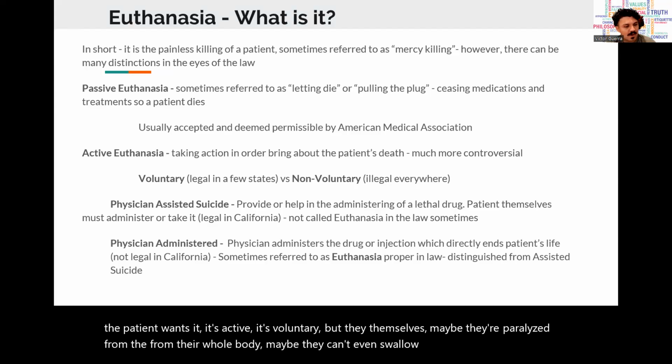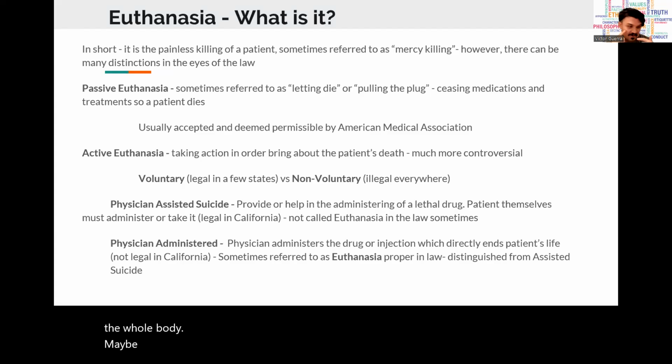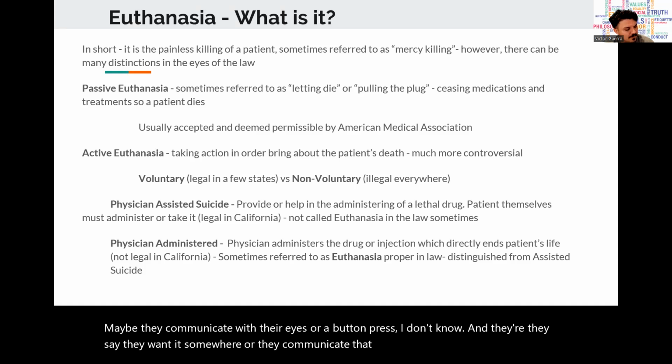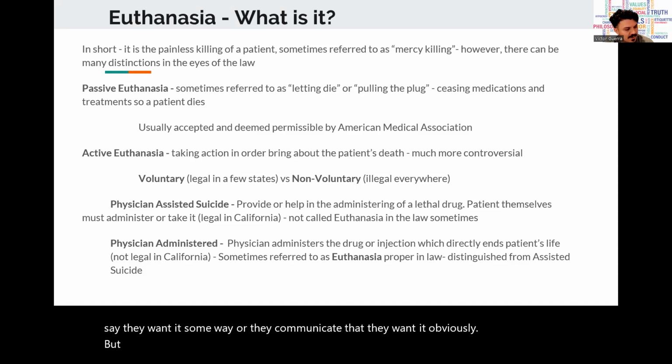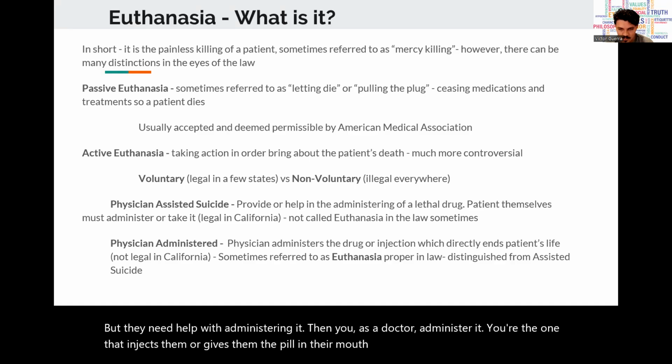Maybe they communicate with their eyes or a button press, I don't know. They communicate that they want it in some way, obviously. But they need help administering it, so you as a doctor administer it. You're the one that injects them or gives them the pill in their mouth or whatever.